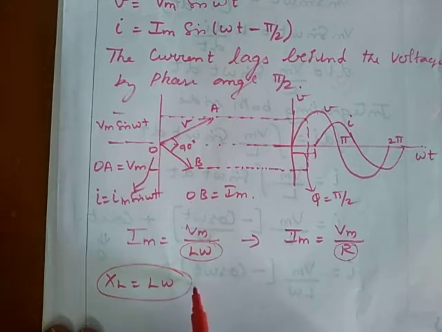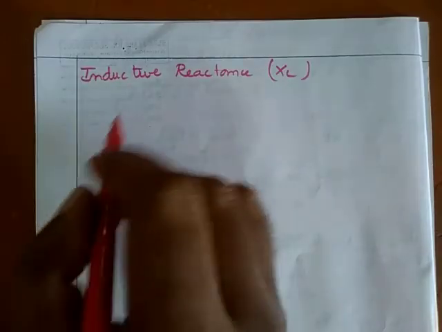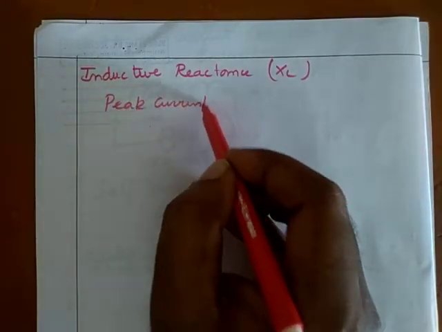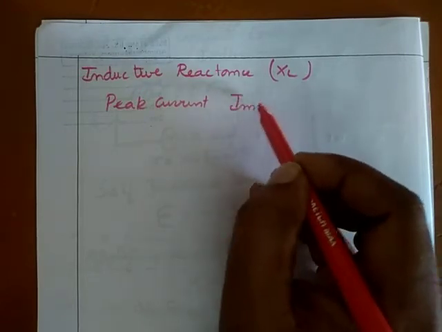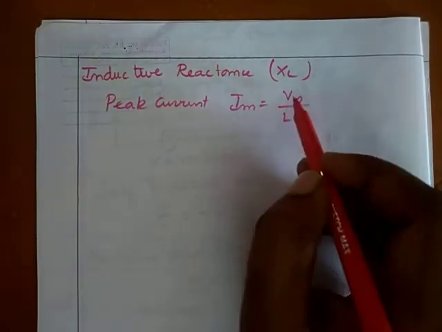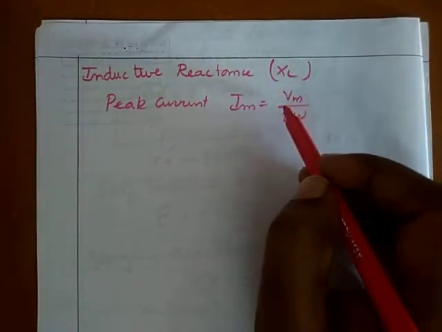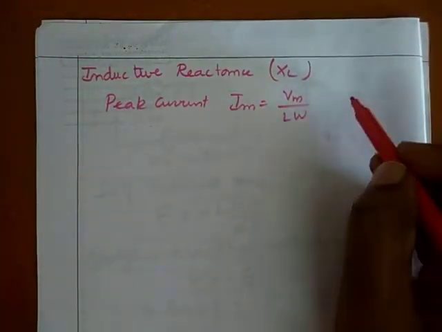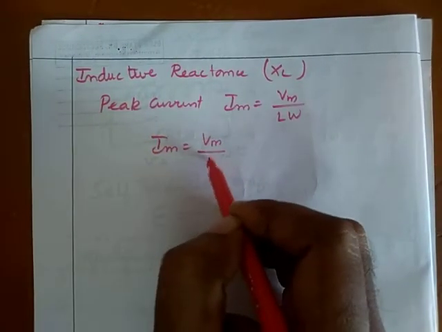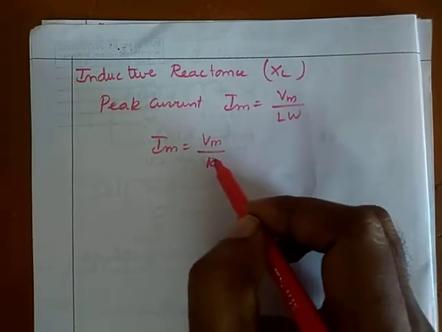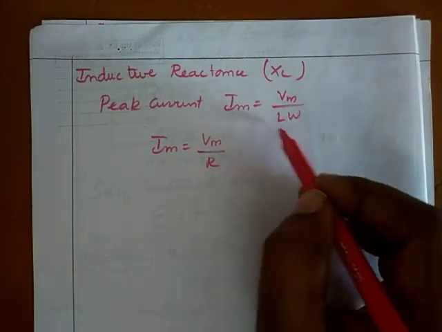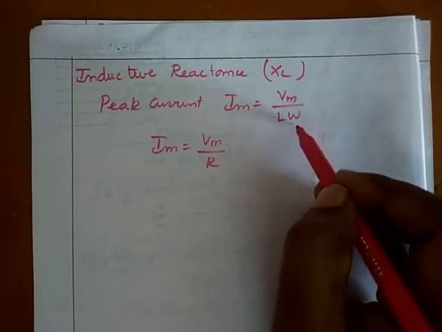Let me see about this. We know the peak current Im is equal to Vm by L omega. Comparing this current with the maximum current in the resistor circuit, that is, we know Im is equal to Vm by R. In the resistor circuit this is R, so this one will be R. Here it is nothing but the resistance offered by the inductor.